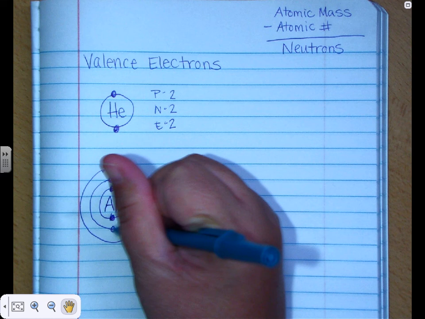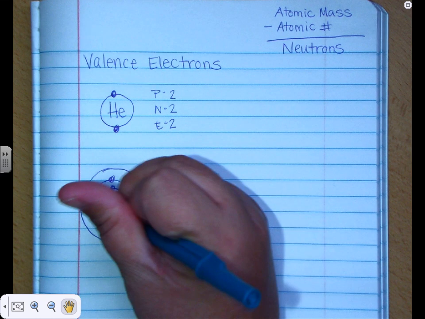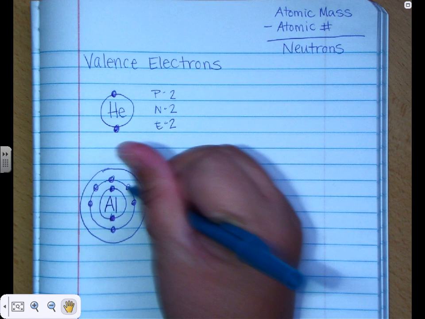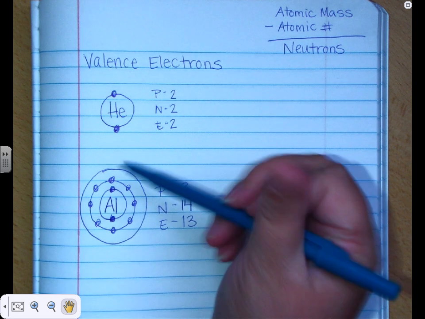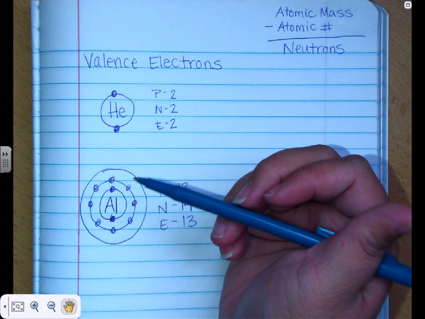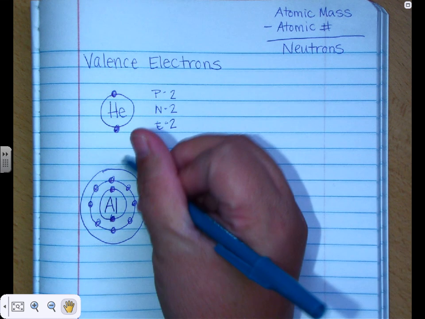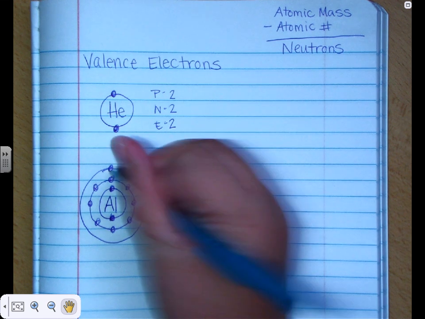Okay. How many are allowed on the third energy level? Allowed, 8. How many are actually going on there? 3. Because 3 plus 8 plus 2 equals 13. Okay. It should look like that.